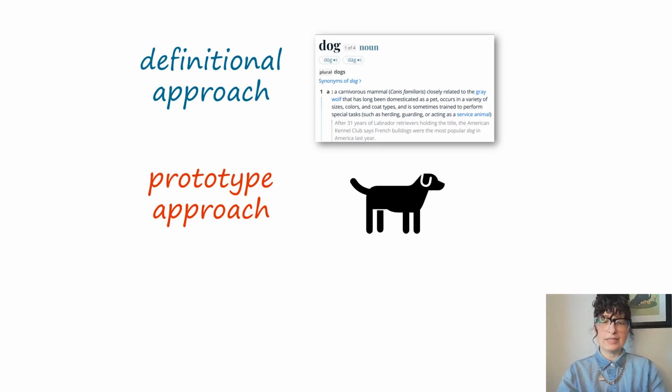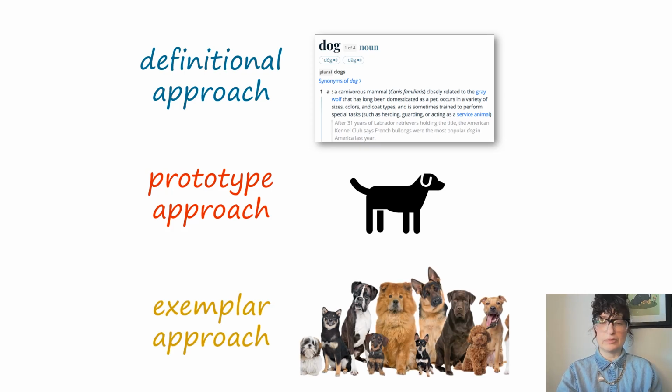And then the last approach is the exemplar approach. So in the exemplar approach, we place objects into categories based on specific examples. So we keep track of a particular category using not just one idealized average, but actually all of these specific instances.